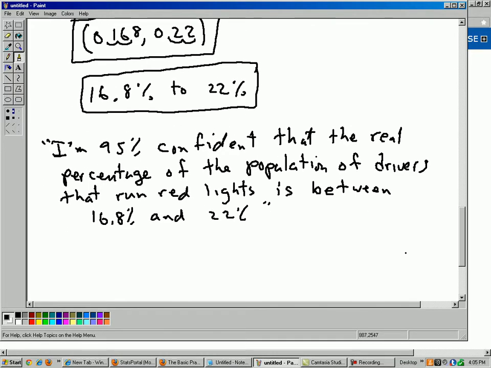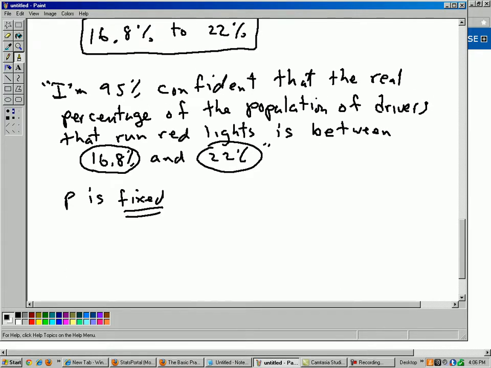But I want to caution you that p is a fixed number. It's an unchanging number. If we actually had the time and money and resources to check every single driver in the whole country to get the true percentage of drivers, it's going to be a particular number, and most likely it's a particular number in between 16.8 and 22%.